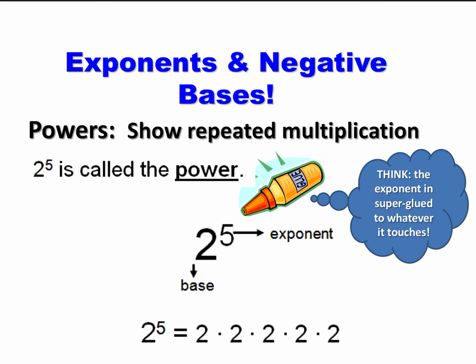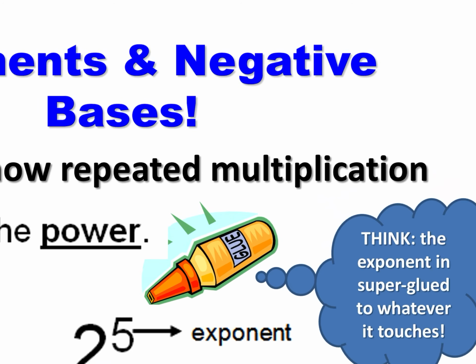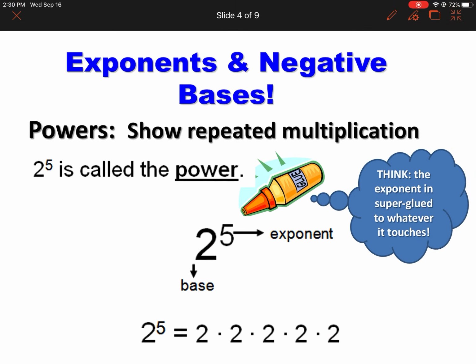All right, so as we look at these, this is what 2 to the 5th power is. The small number is the exponent, and this 2 is your base, and you guys are going to be filling those in. The tiny one's the exponent. Now, it is not 2 times 5.